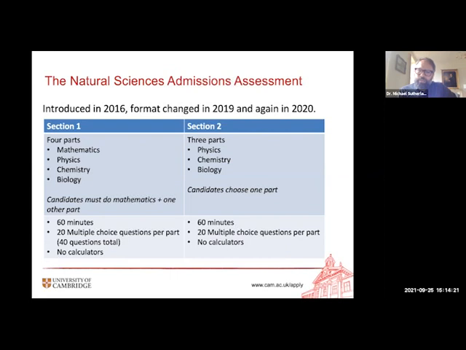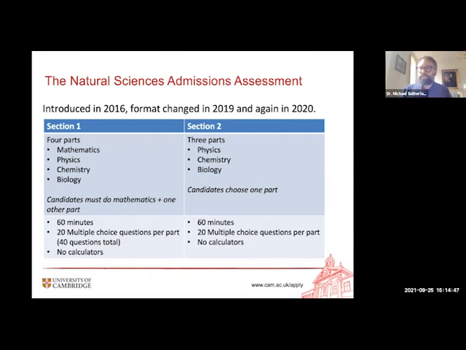Section 2 has 3 parts, 1 in physics, 1 in chemistry, and 1 in biology. Here you just choose one part. These questions are a little bit more open-ended, and you have a little more time to think about them and work through what they're asking. Again, you should choose the section you feel most confident in. You don't have to revise all of physics, chemistry, and biology.